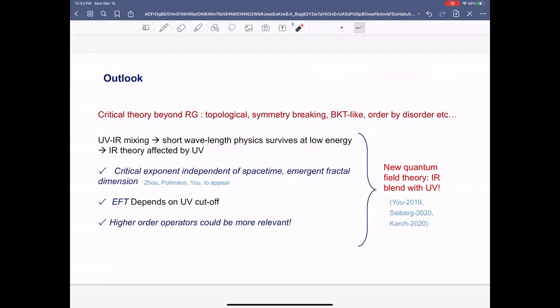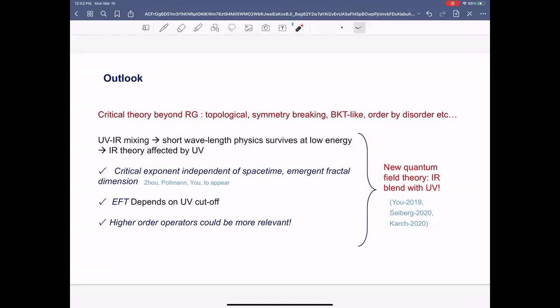The essence of this beyond renormalization group phase transition lies in the UV-IR mixing, such that a large amount of short wavelength physics survives at low energy, and can qualitatively change the low energy behavior at a quantum critical point.